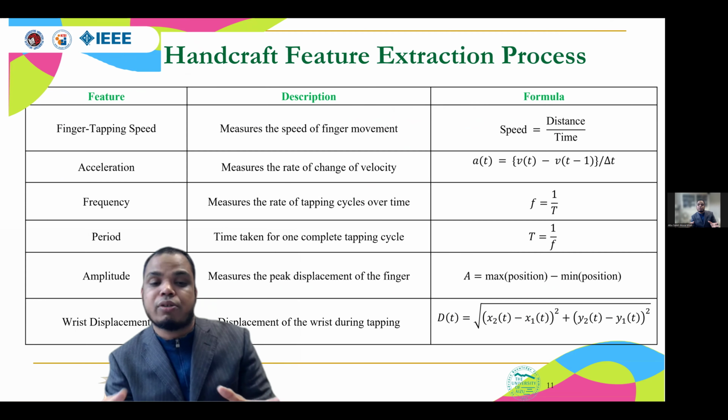These handcrafted features we enhance with a hybrid deep learning model. First we apply several 1D convolution layers followed by 1D max pooling to reduce dimensionality, using 64 filters and kernel size 3.